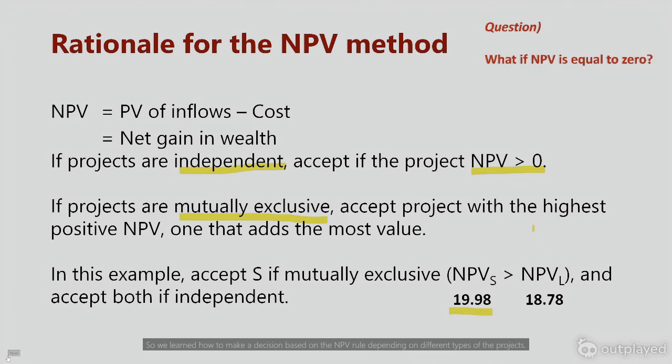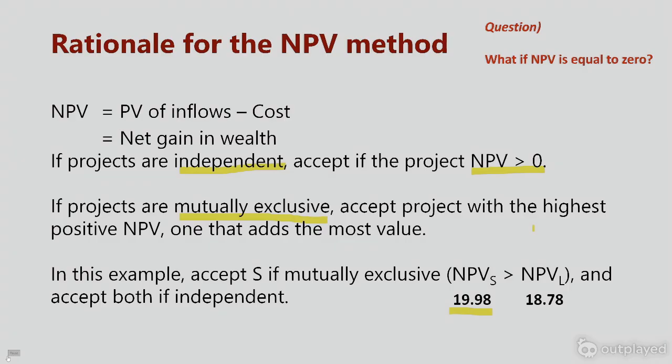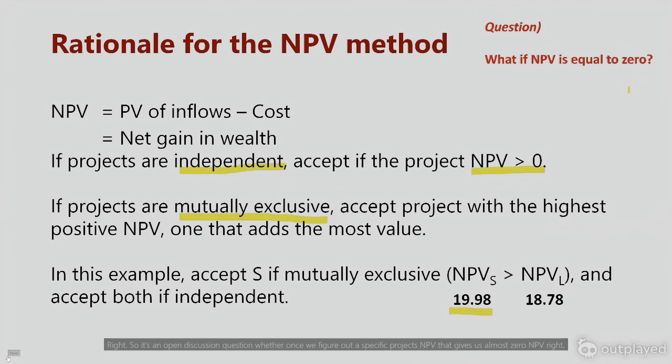Okay, so we've learned how to make a decision based on the NPV rule, depending on different types of projects. Now, the problem is, what if you did your calculation, but you figured out NPV is equal to zero or almost equal to zero? Then the question is, are you going to accept the project or not?